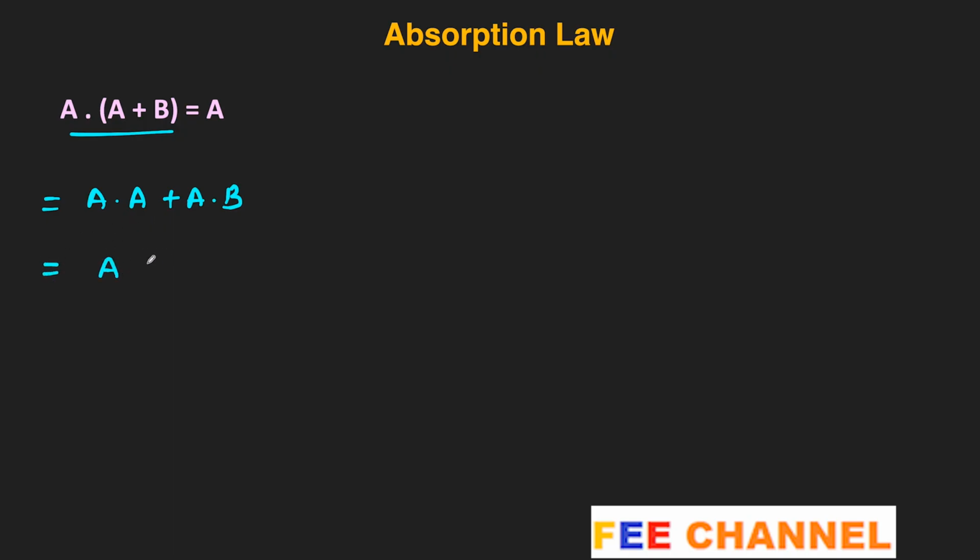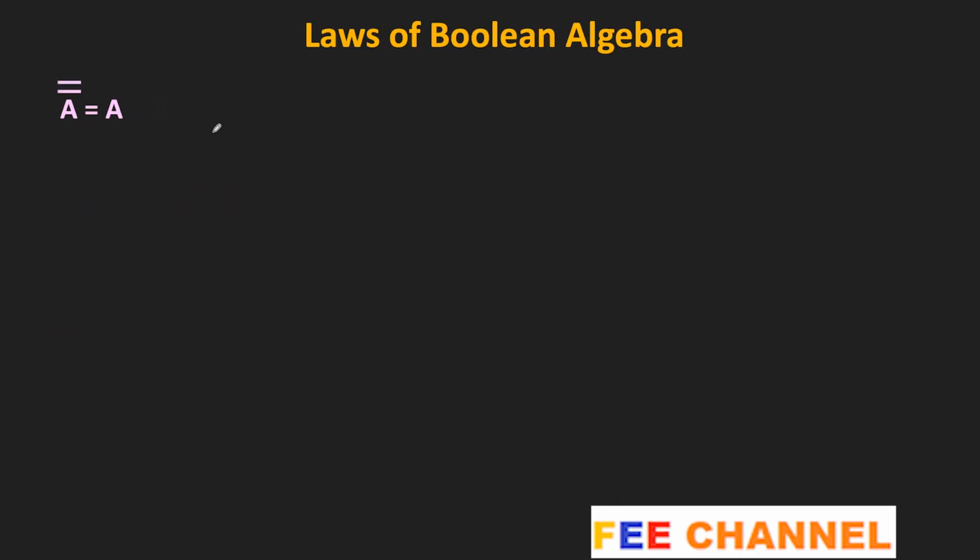Now, as we have seen earlier, AA equals A. That means we can write this expression as A plus AB. And we have just seen that A plus AB equals A. That means A(A plus B) equals A. So, this is how, using these Boolean laws, it is possible to minimize a Boolean expression.